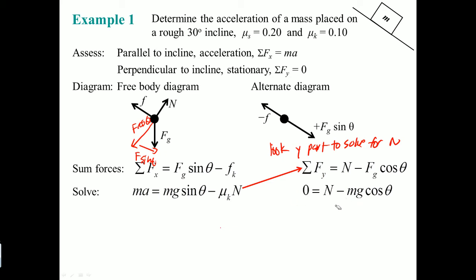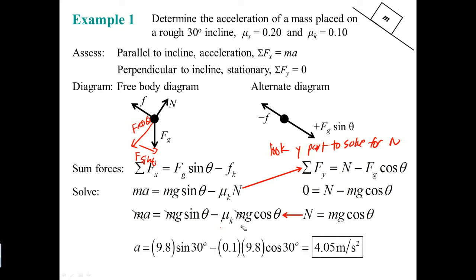Add Fg to both sides. Okay, you get n is equal to mg cosine theta. You plug it in here. Notice that the masses cancel out. So a is equal to, in short, if you can write it, a is equal to g sine theta minus mu k g cosine theta. And that's the answer there.